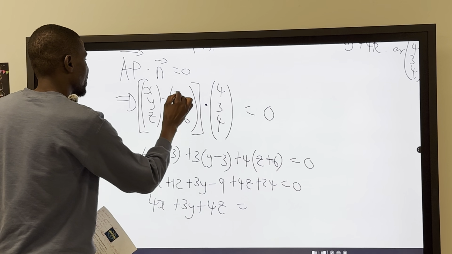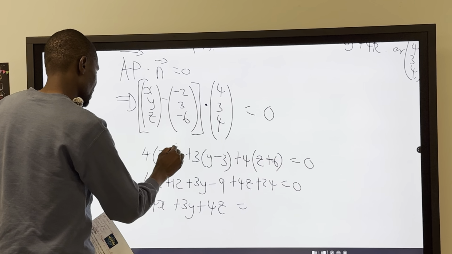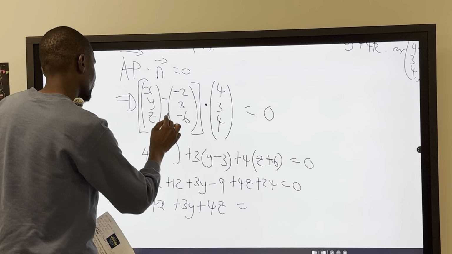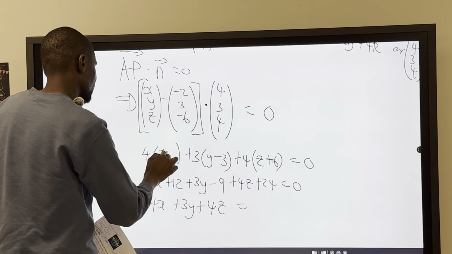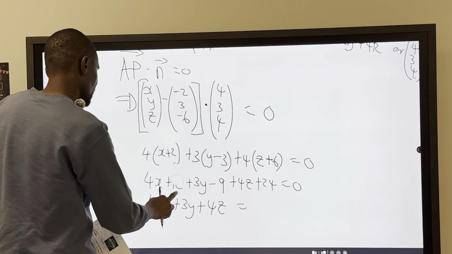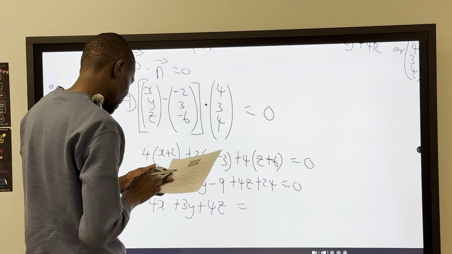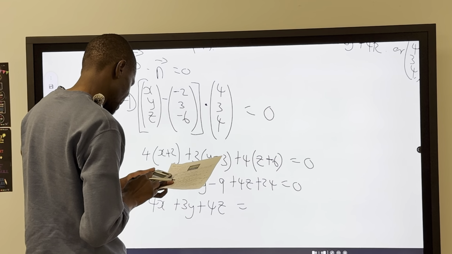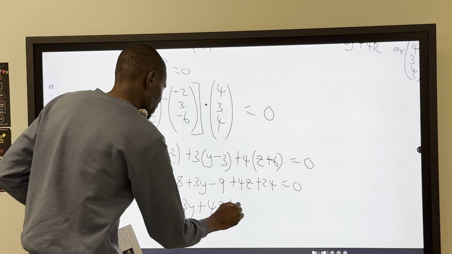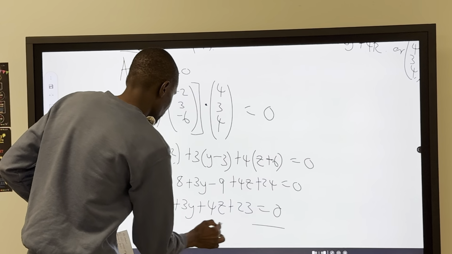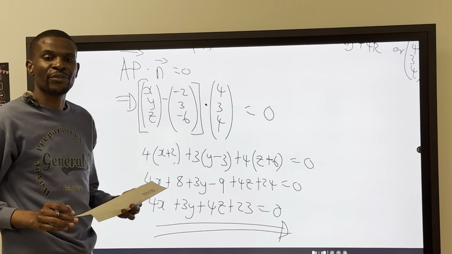So here it becomes x minus minus 2, so it's now x plus 2. And this is now 8, so it's now 32 minus 9, which is 23. So plus 23 equal to 0. So this plane contains all 3 points.